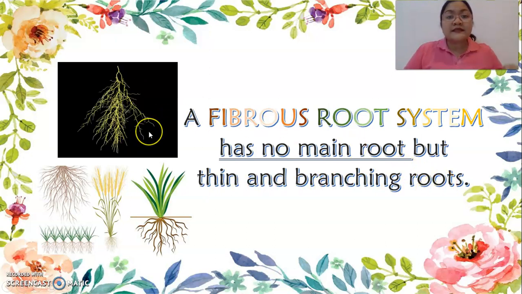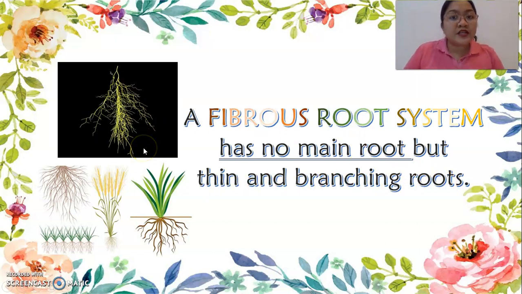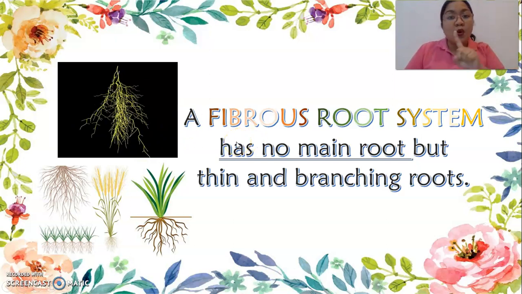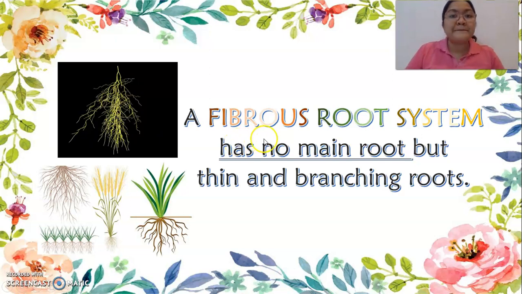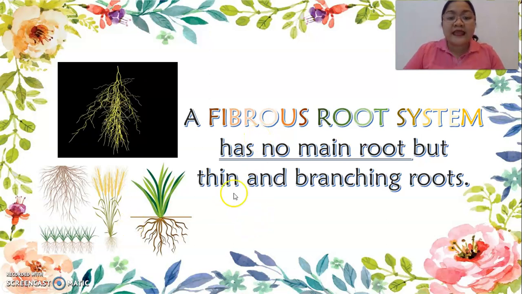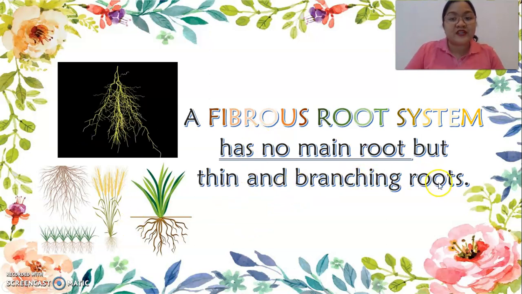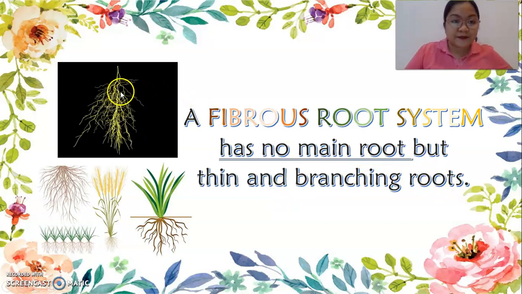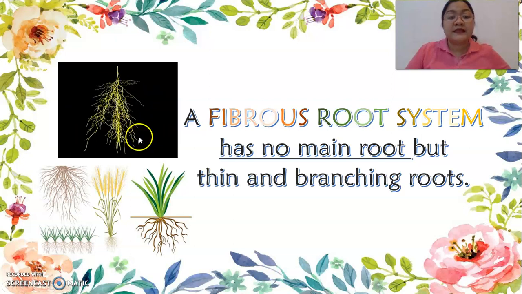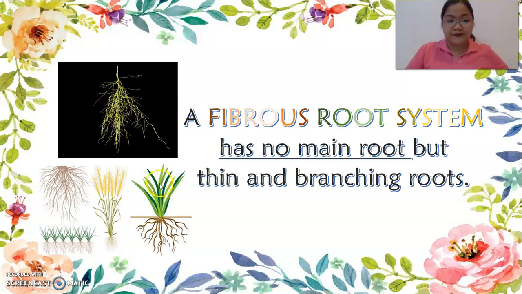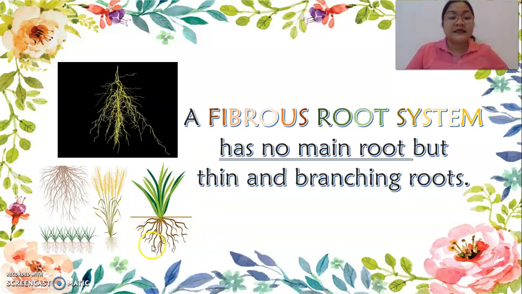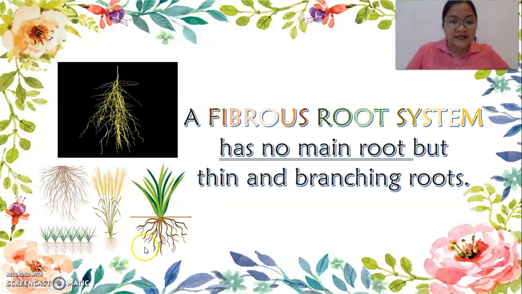Unlike taproot, which has large and thick main roots, fibrous roots don't have a main root that is very thick and large. They only have thin and branching roots. A plant that has a fibrous root system is grass.